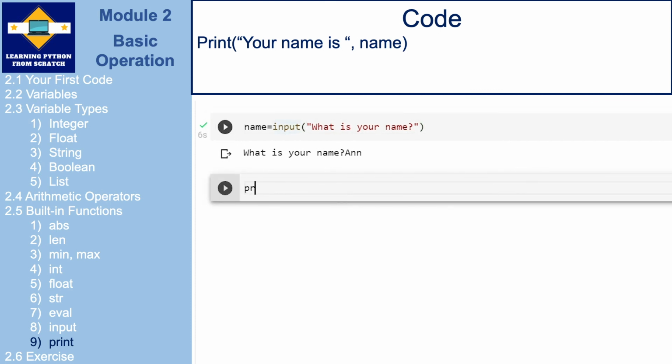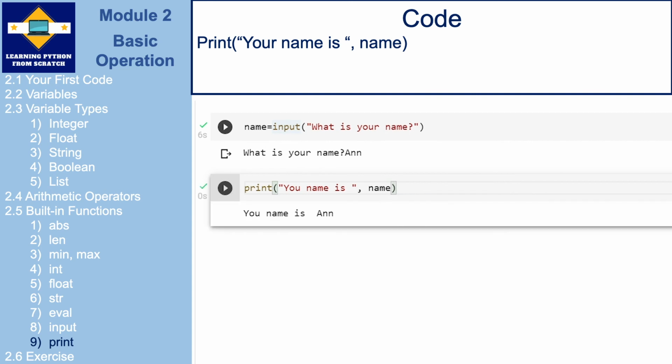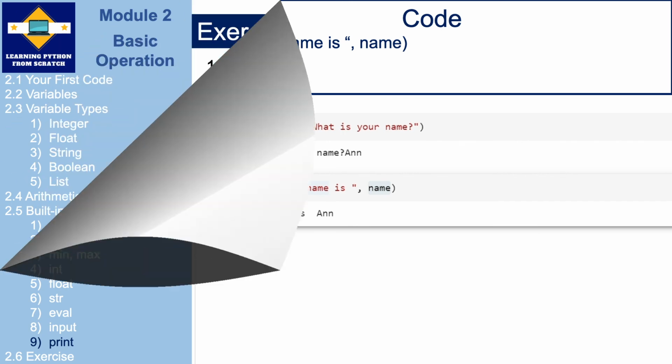For example, print your name is, and then the variable name. The output is your name is N. As you can see, the variable name collects the user's input N. Therefore, our output is your name is N.